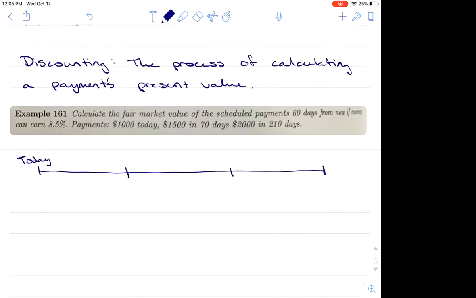Right? So we've dealt with today, and then we want to talk about 60 days from now, right? So that's the first one that comes up. So here we have 60 days. Next one is 70 days. And the last one is 210 days from today.